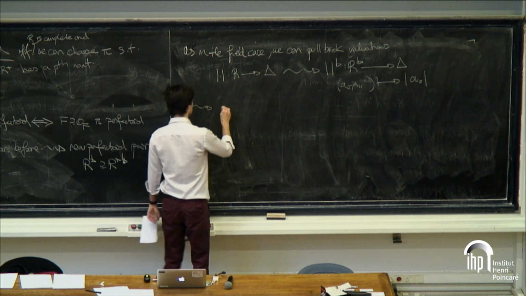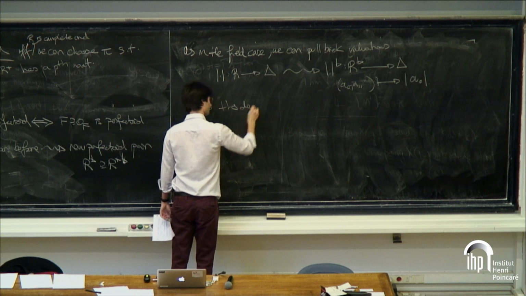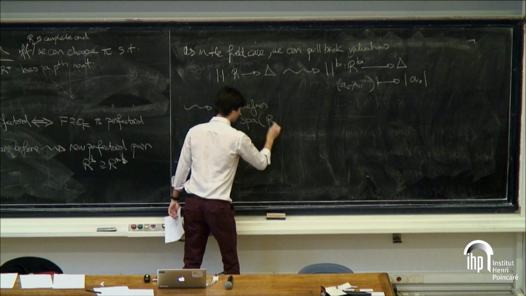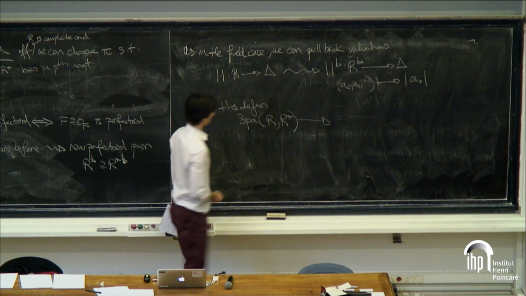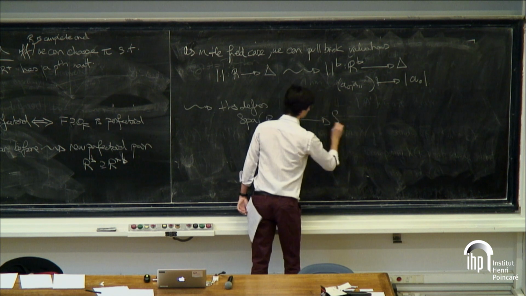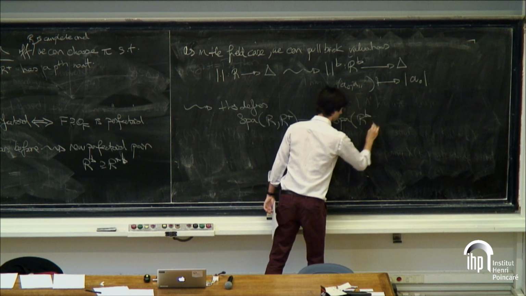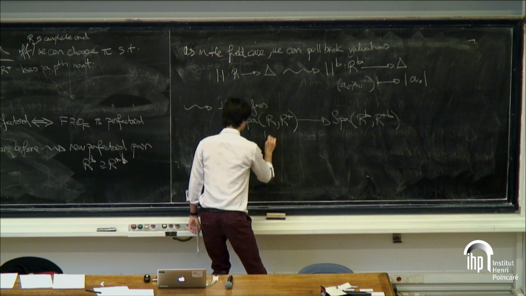And so this process defines for me a map from the adic spectrum of my first perfectoid pair to the adic spectrum of the tilt by exactly this construction.